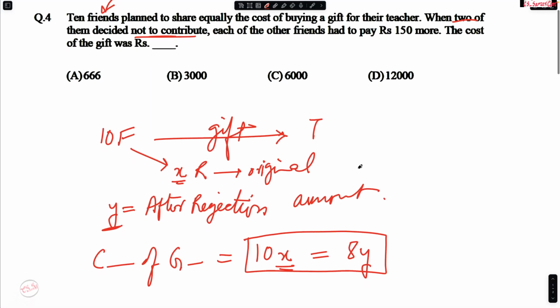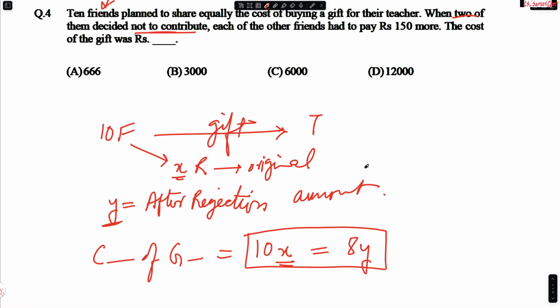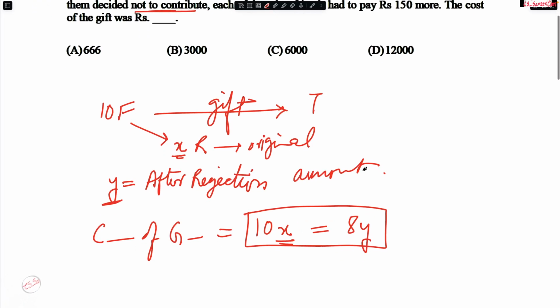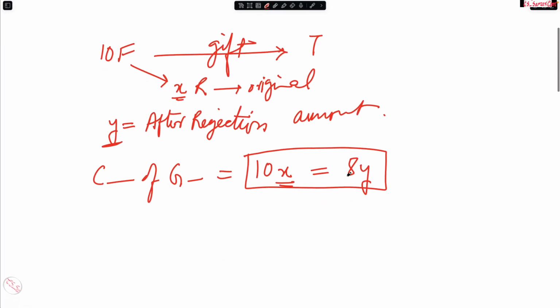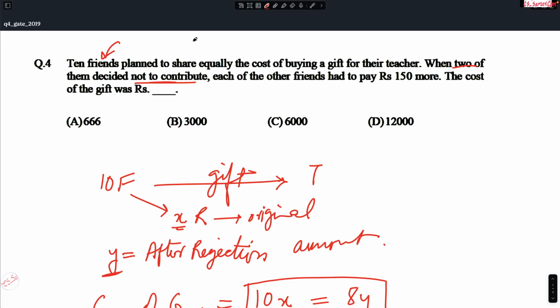Let's think about it. The information that is present over here is that rupees 150 has to be paid more when two of them rejected, right? So 10x minus 2x is the amount that the others would be contributing either way, right?